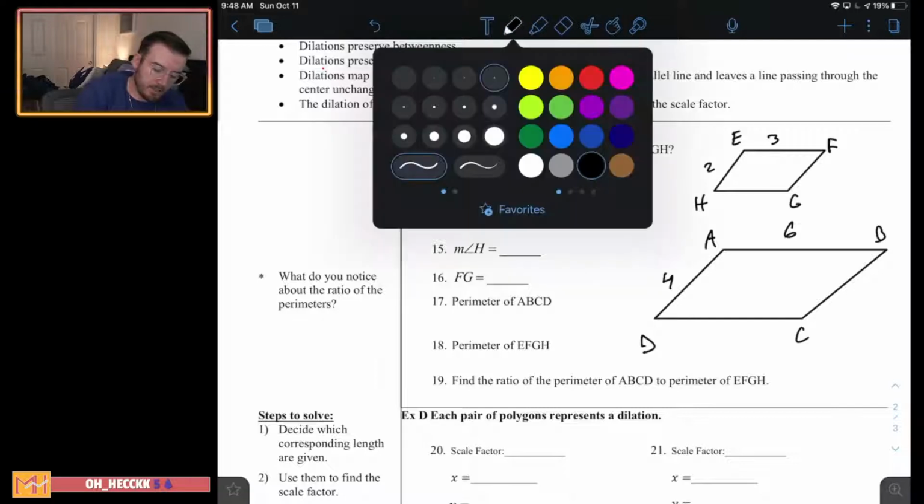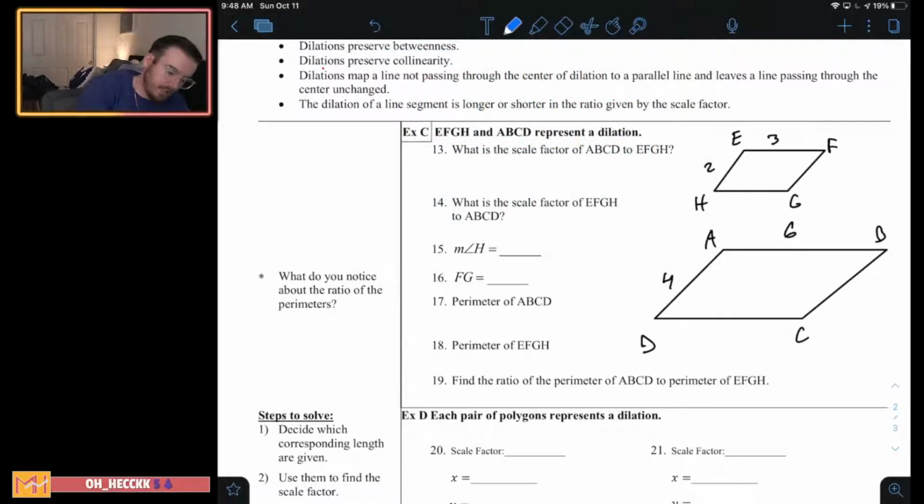Something that we learned from the previous lesson was that scale factor can be found by doing the following: image over pre-image. So if we're going from ABCD to EFGH, the before is your pre-image and the after is your image.